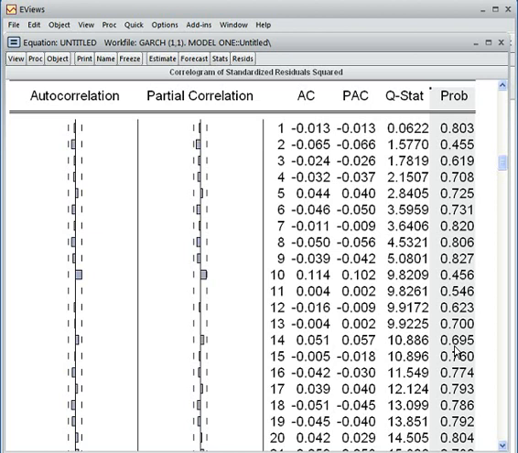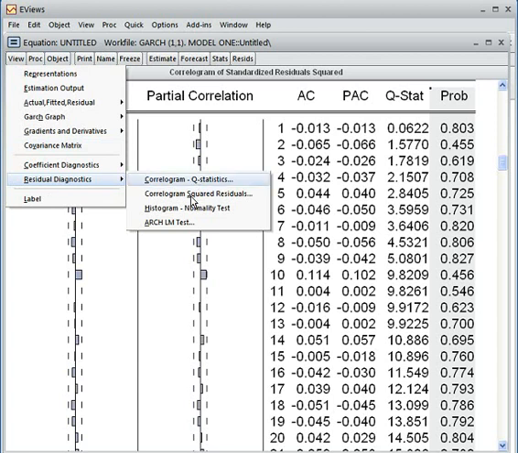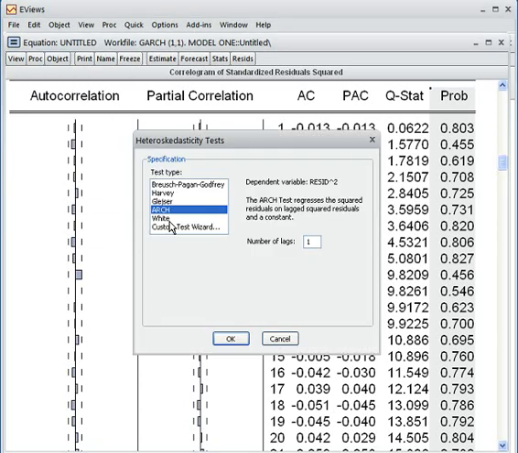Then I check whether this model has an ARCH effect or not. As before, I go to View, Residual Diagnostics, then ARCH effect, and ARCH is already given.